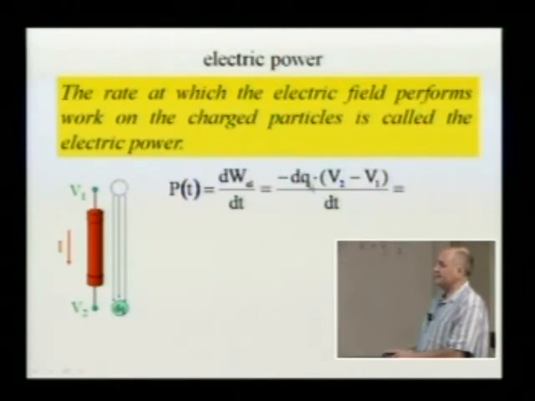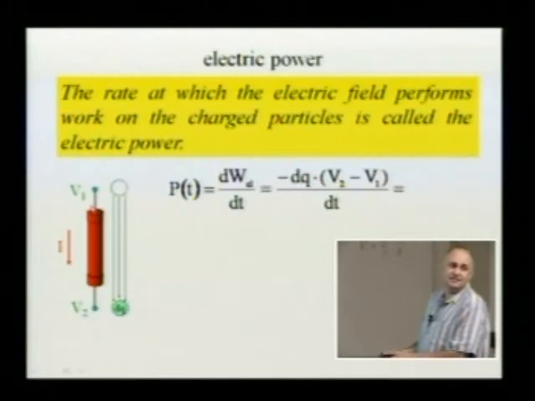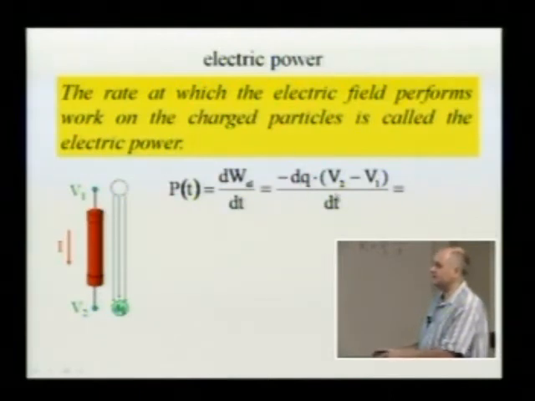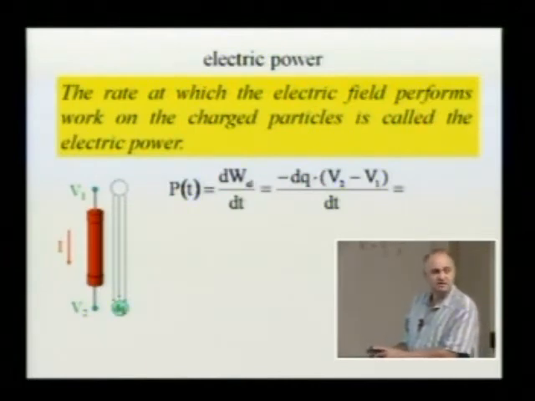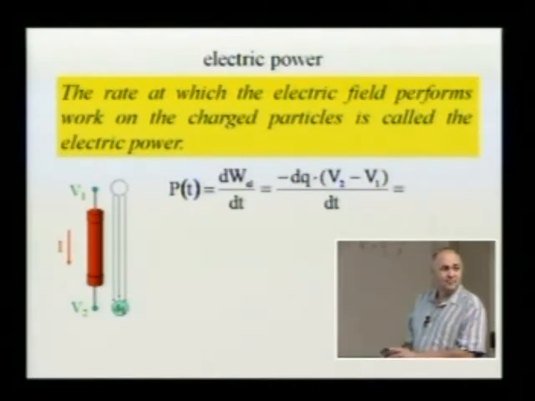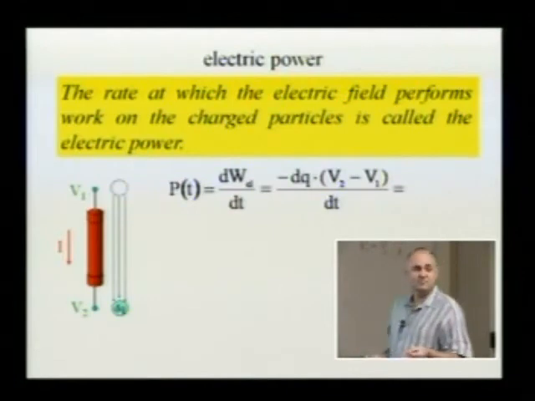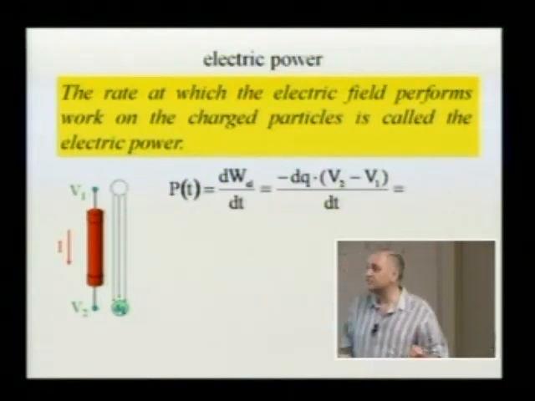All right, now this dq is a charge which enters on this side and exits on that side. So if I divide it by the time in which it exits, what am I going to get? Current. The answer is current. Now which current? Because remember, current is always through a surface. So which surface?